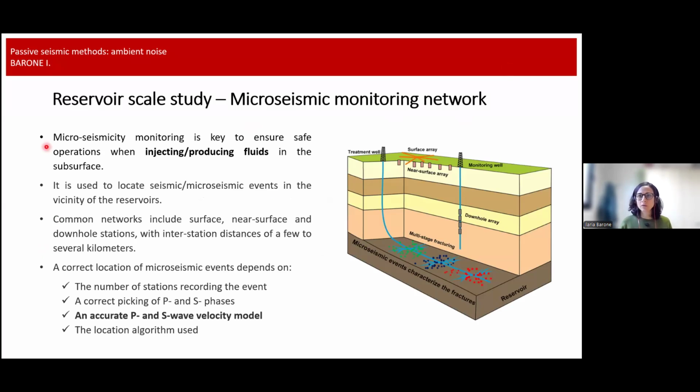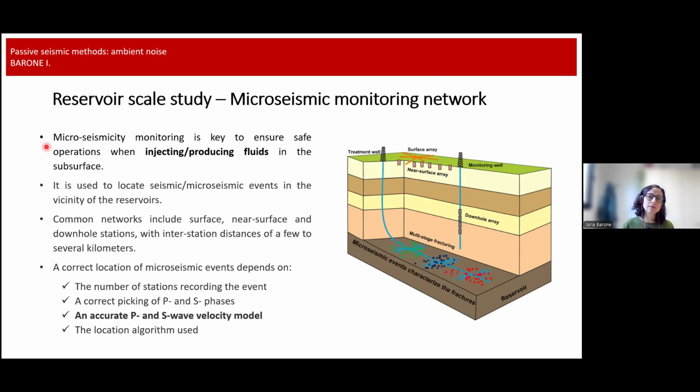If you're not familiar with the concept of microseismic monitoring, it's basically something needed when we have operations, when we inject or produce fluids in the subsurface, such as for gas storage or geothermal activities and so on.